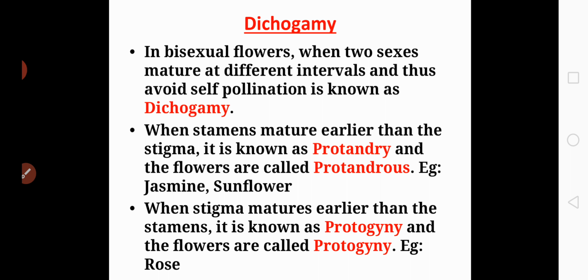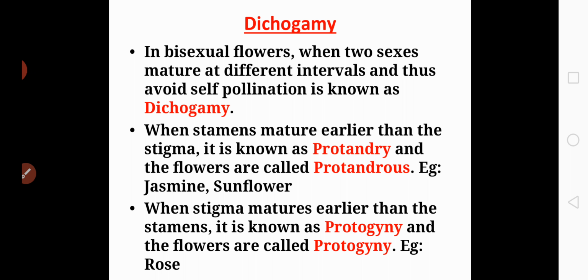Coming to the second type, dichogamy. In bisexual flowers, when the two sexes mature at different intervals and thus avoid self-pollination, it is known as dichogamy. In self-pollination, we studied the homogamy condition. What do you mean by homogamy?